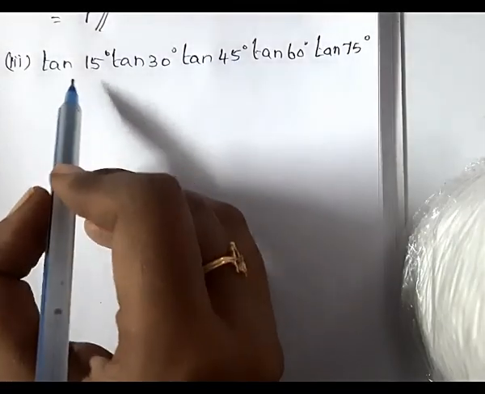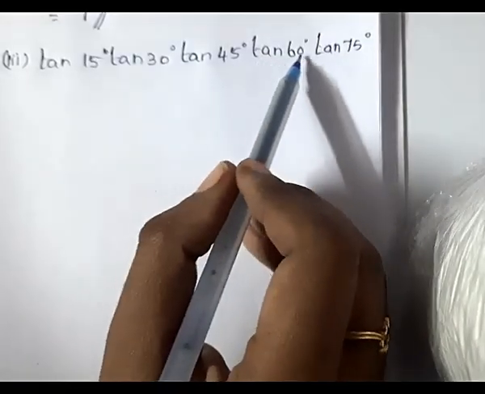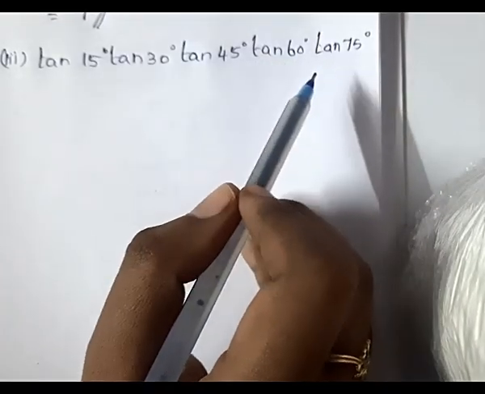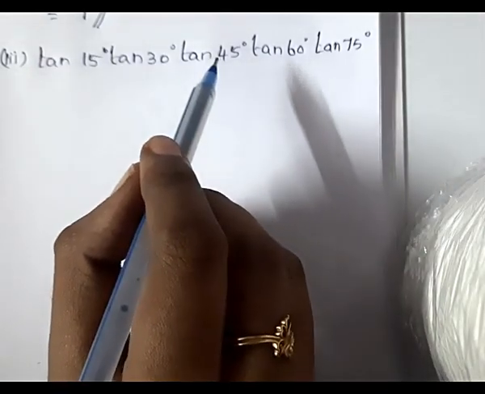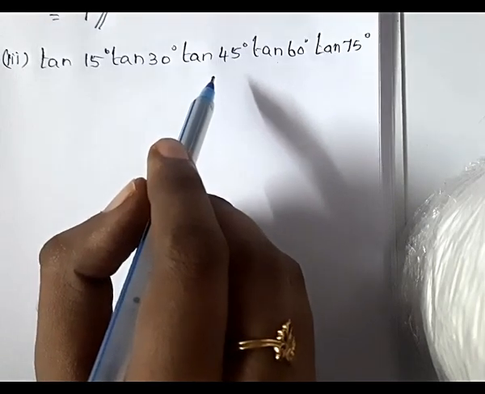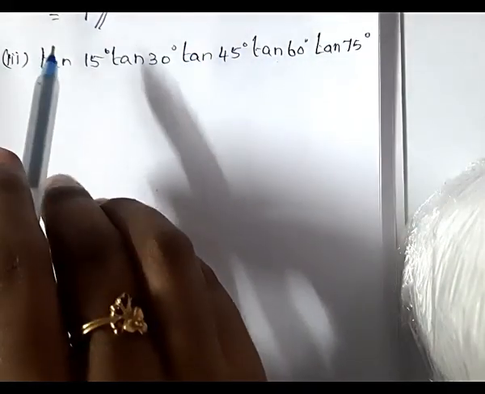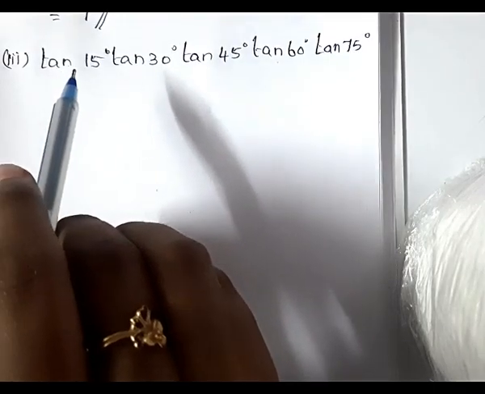Third problem is tan 15 degree, tan 30 degree, tan 45 degree, tan 60 degree and tan 75 degree. Look at that question. Some of the tan values we can find using the ratio table. Some of the tan values we can use the complementary angles.